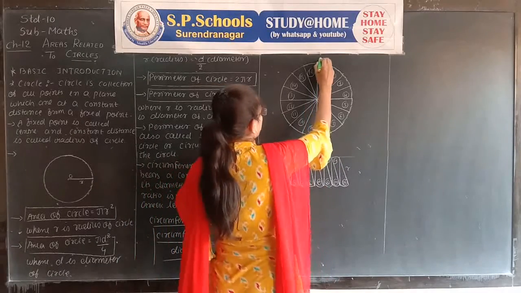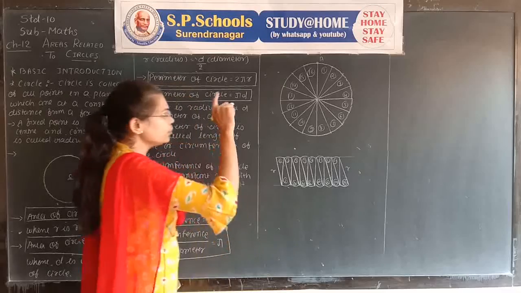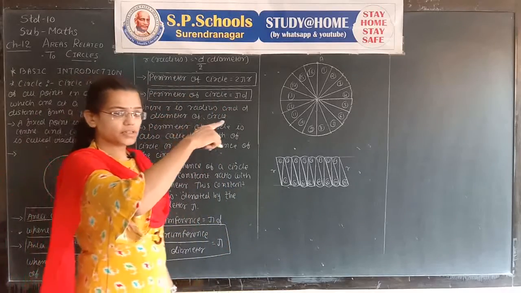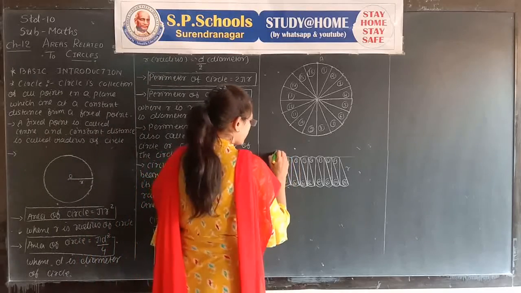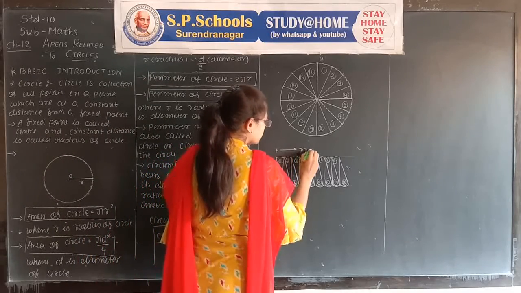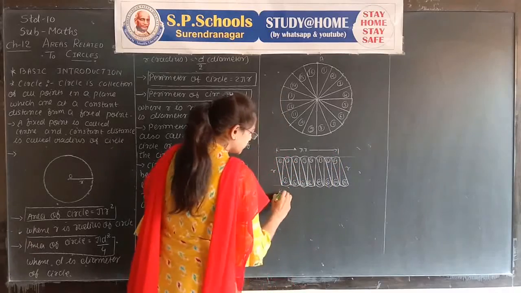Suppose a point A lies on the circle; from point A to A is called the circumference of the circle, which is 2 pi r. Right now it is divided into 2 parts, pi r and pi r.